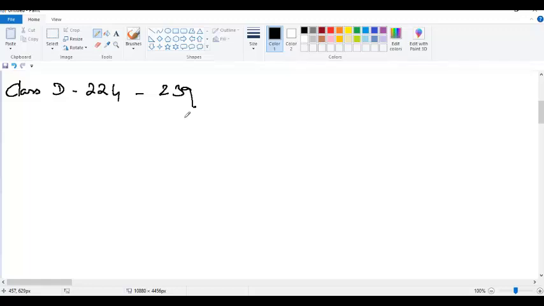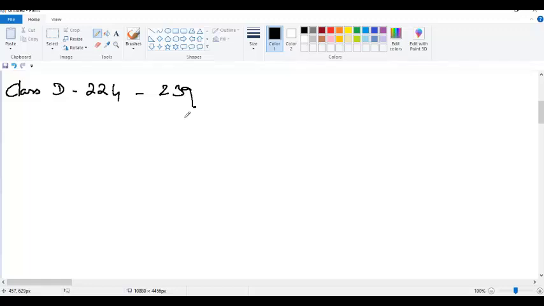So a lot of addresses are already reserved by various application protocols. But this 239 range is free for you to use.